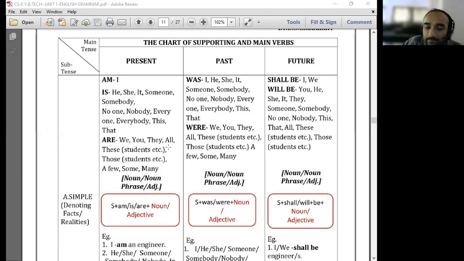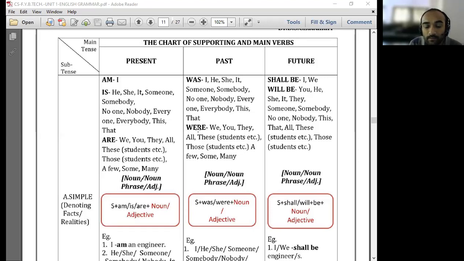After these subjects, it is followed by this verb, that is are. तर is, am हे कशा पुढे येतं, आय पुढे येतं. Is for he, she, it, someone, somebody, no one, nobody, everyone, everybody, this and that. This is, no one is, nobody is, everyone is a happy person. We can use them in this manner, okay.